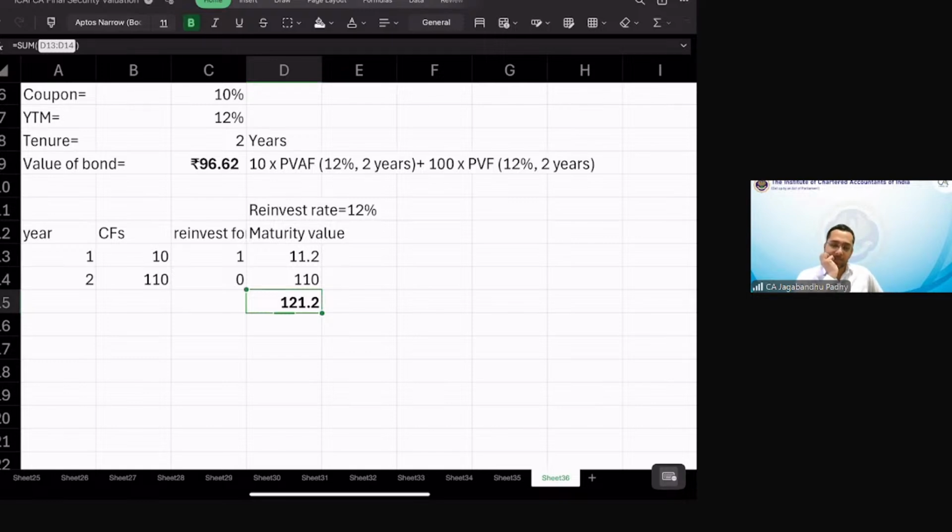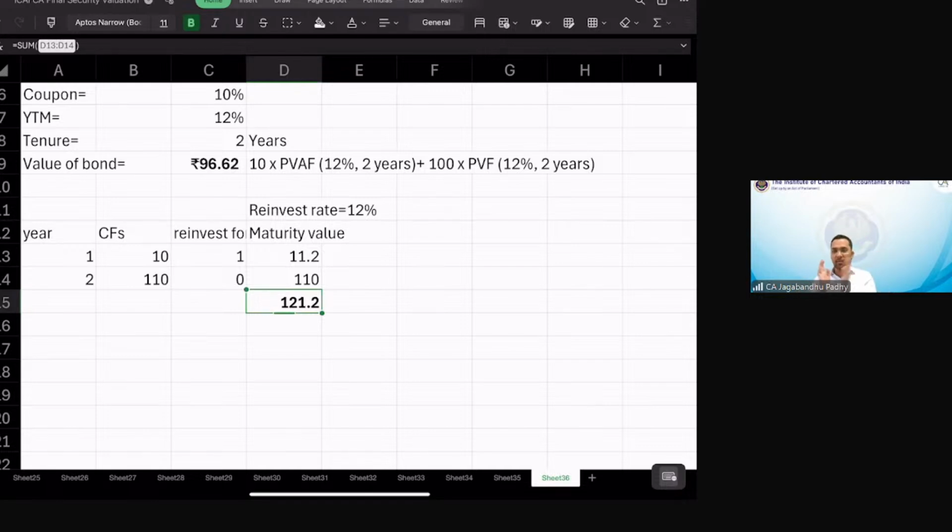Correct, guys? If I'm assuming that even after 1 year, I'll be able to reinvest at the same 12% rate, then with an investment of 96.62, I can get a maturity value of 121.2. Is this point clear, everyone? Yeah.